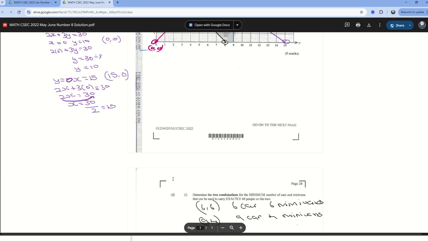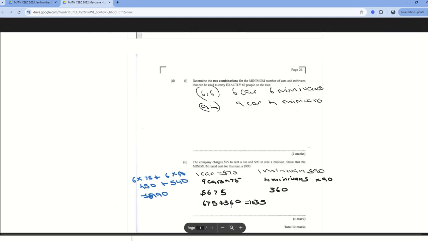And then they ask you, I believe this question is, the company charges $75 to rent a car and $90 to rent a minivan. Show that the minimum rental cost for the tour is $990. So you are going to substitute. We know it's either 6 cars and 6 minivans or 9 cars and 4 minivans. 6 cars would be 6x and 6 minivans would be 6y.